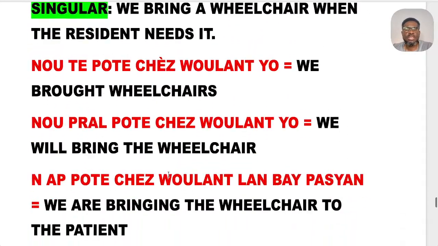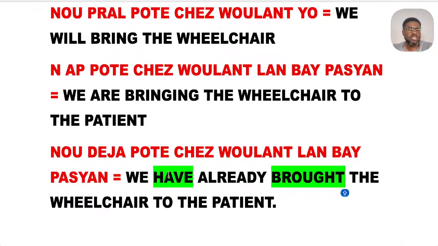So, si on moun pose une question, est-ce que nous déjà porté chaise roulante là by patient? Yes, we have already brought the wheelchair to the patient. So, ça là, c'est seulement présent parfait qui t'a bon pour répondre. Past perfect, past simple, li pas ta formellement approprié.